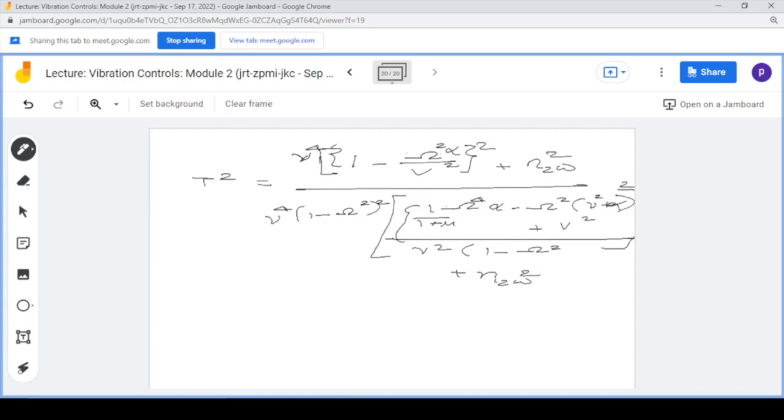Now for you to remember this, you need to be a superwoman. It is not easy even for me to remember this. But they have mentioned these two equations to get the values of T square.